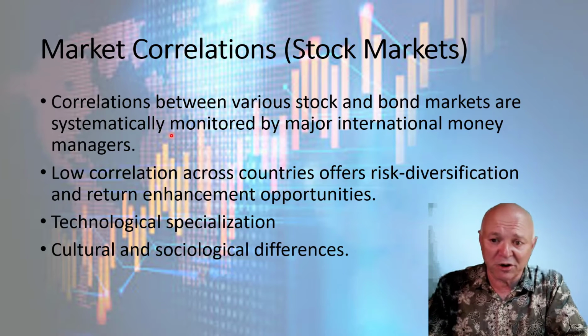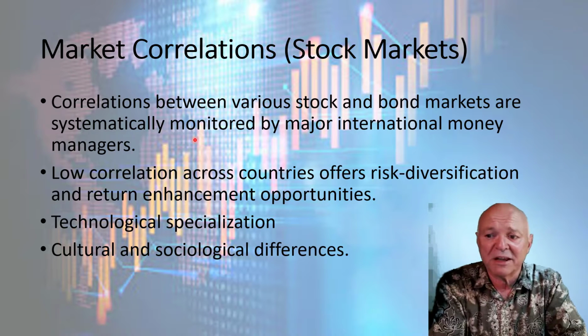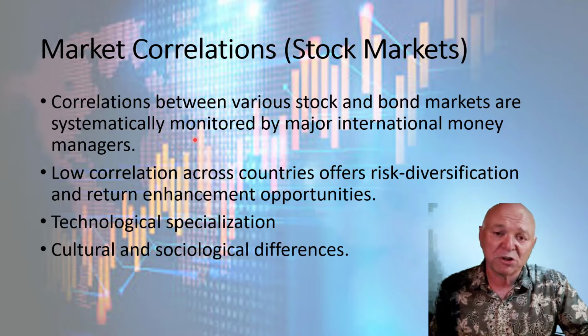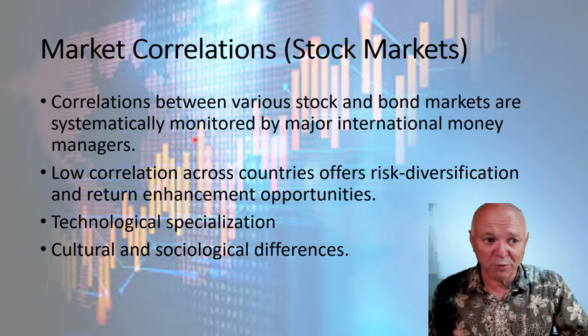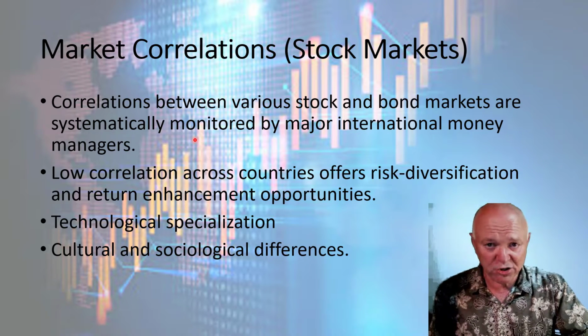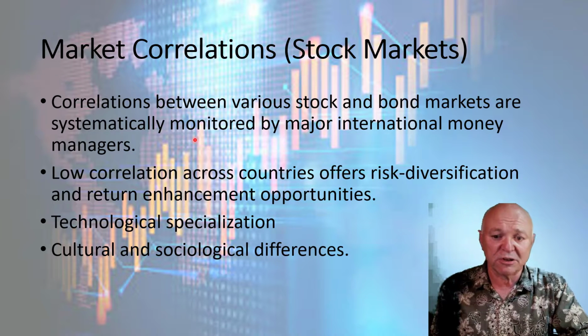We'd also say of stock markets that certain stock and bond markets are systematically monitored by international money managers in order to benefit from not just diversification, but from non-random or selective diversification. So we look at the correlation coefficients in order to find low correlation coefficients to give us the best risk diversification.